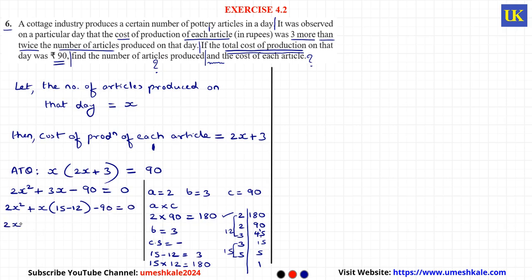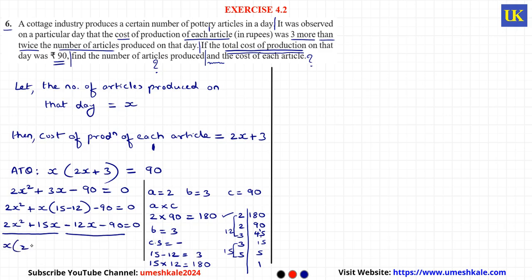Now 2x square plus x into 15 is 15x, x into minus 12 is minus 12x, minus 90 is equal to 0. From these two terms I will take something common, and from these two terms I will take something else common. So here what we can take common? Here I can take only x as common.